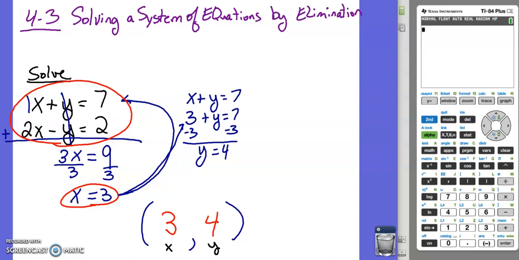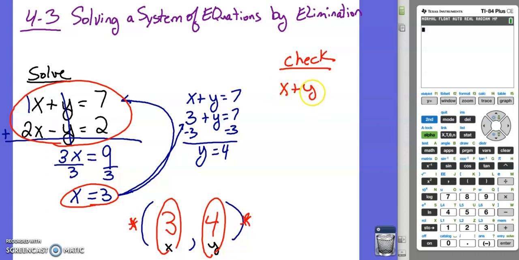I did show you guys several different ways to check it, and we're going to go through this real quick. This is the point of intersection, I think it is. So one way to check this, I would check this answer, 3, 4. This is the x, and this is the y, and I would substitute that into both equations.